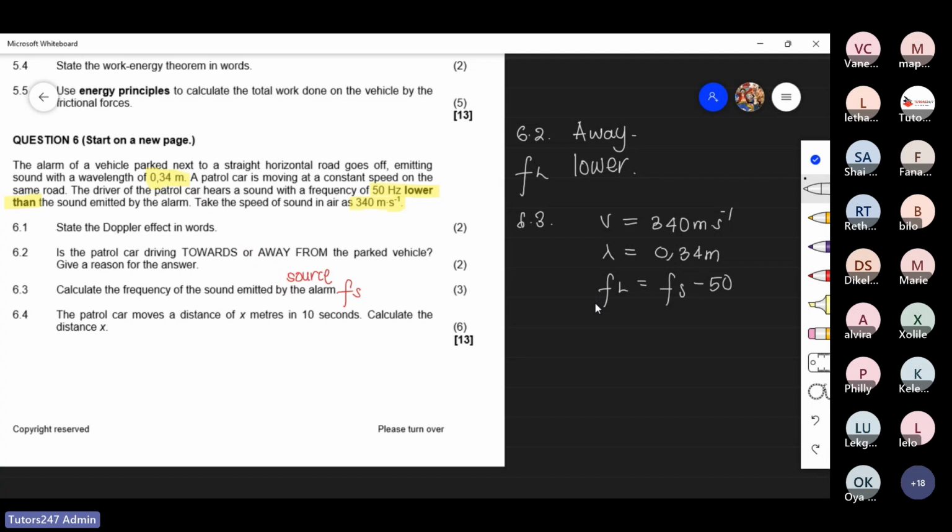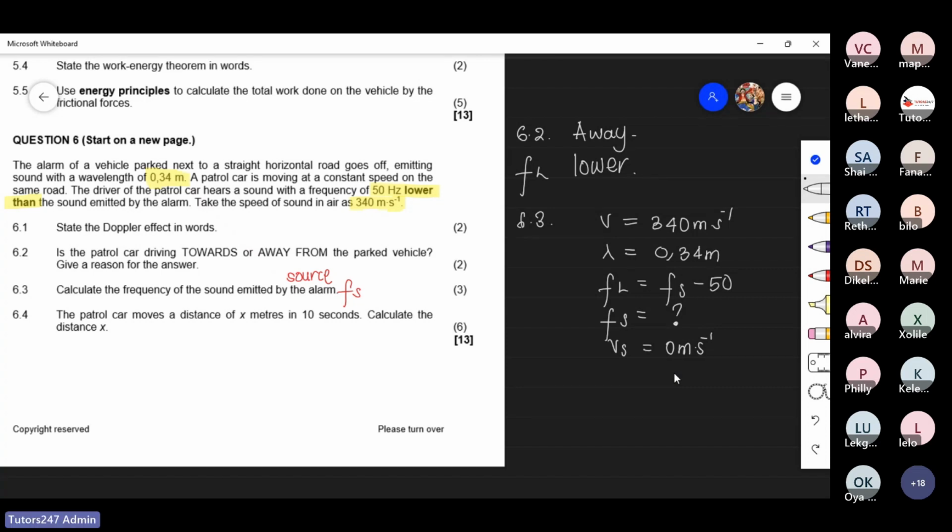In addition to that, we are now expected to calculate Fs, and the velocity of our source, which is the parked vehicle that is emitting a sound, is 0 meters per second. Well, we're told the velocity of our listener.